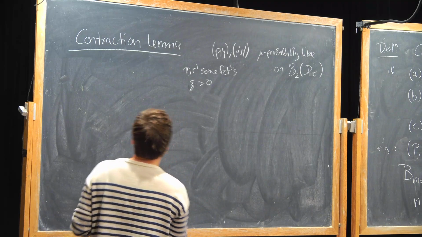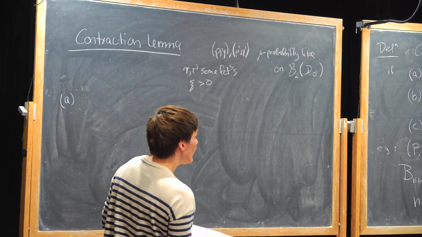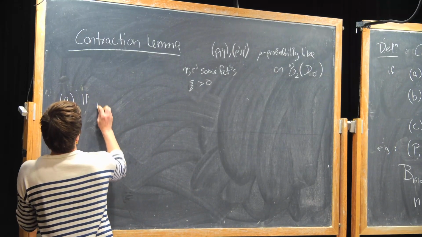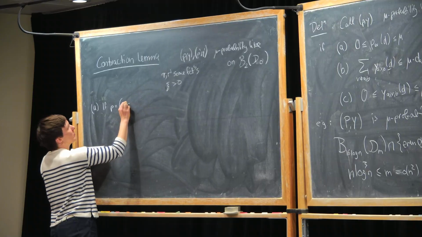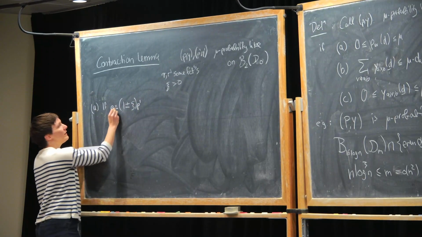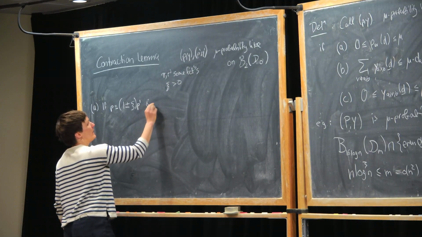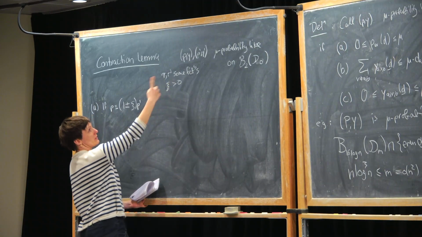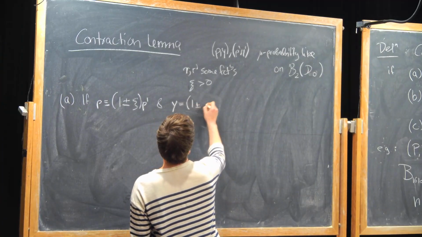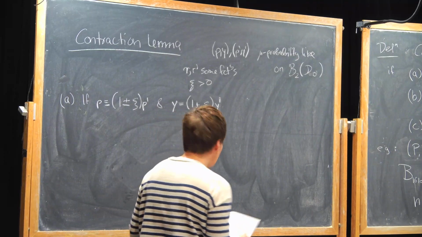So if you have that, then for A, you assume that P is equal to 1 plus minus psi times P prime everywhere where you're talking about it, and that Y prime is an approximation for Y, so Y is equal to 1 plus minus psi times Y prime.